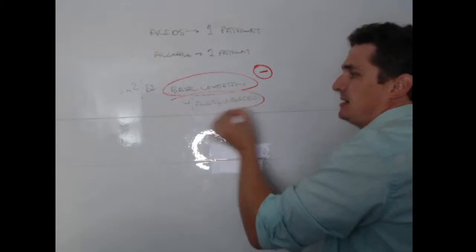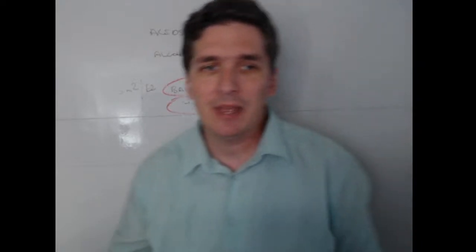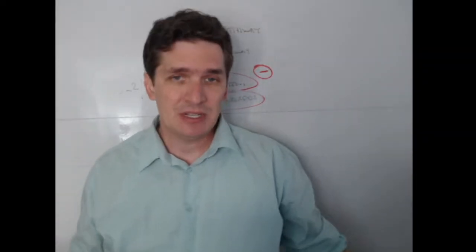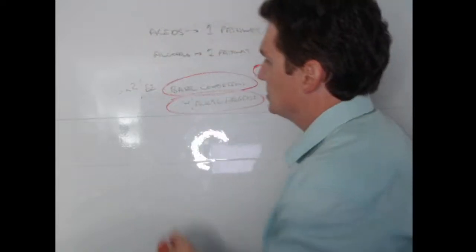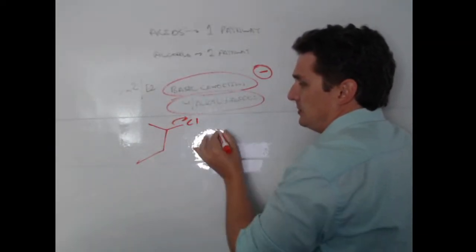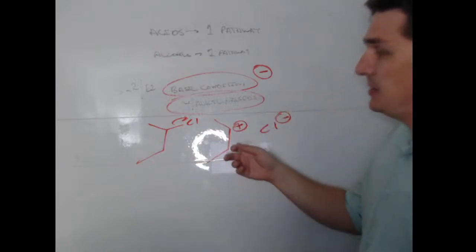The second is that alkyl halides aren't very good at leaving. They typically form a negatively charged ion. That negatively charged ion doesn't want to separate out from the carbocation. So for you to do an SN1 pathway with chloride, for you to break that, now you've got a positive and a negative charge.